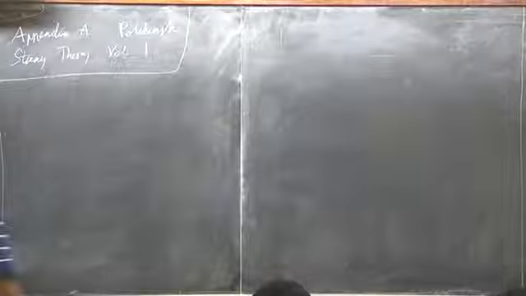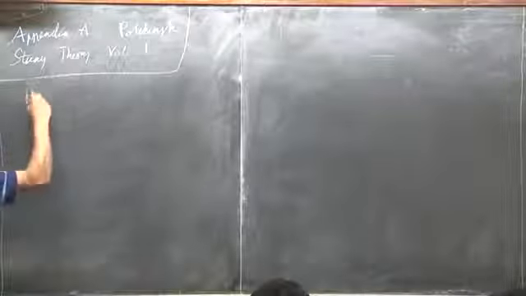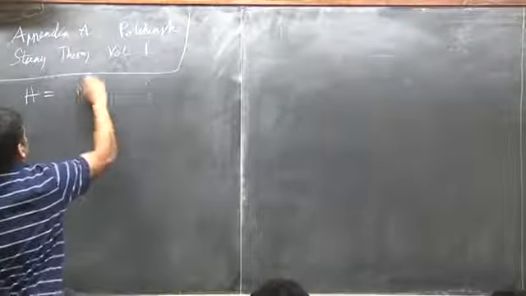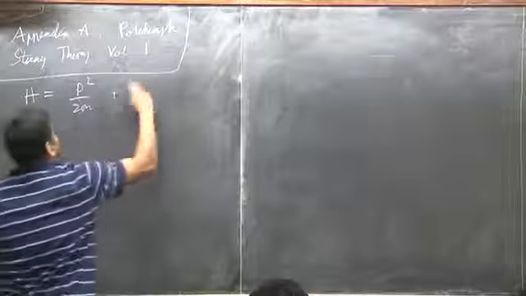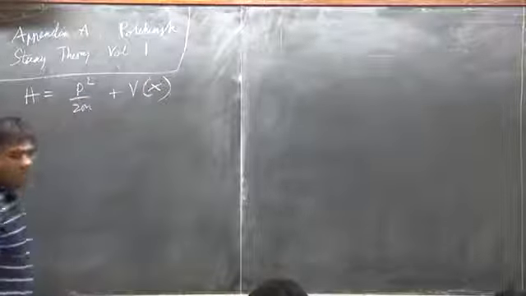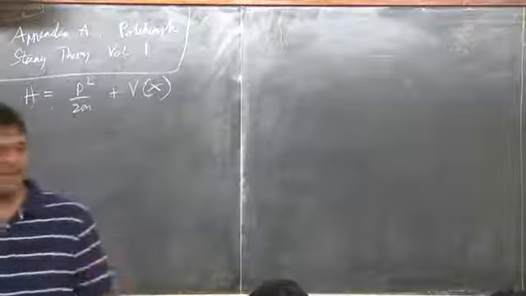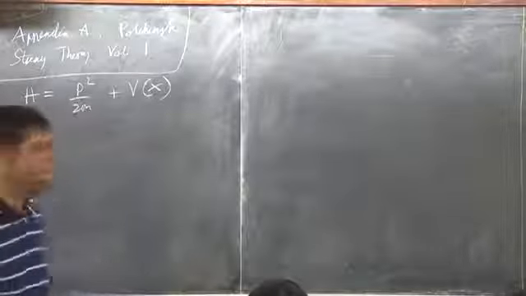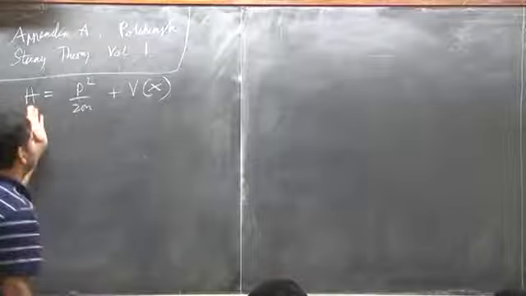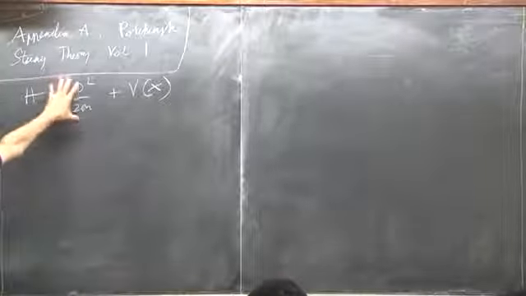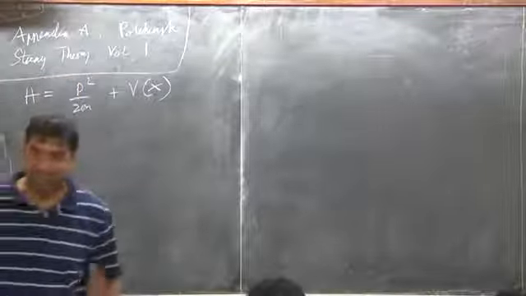Suppose we had a quantum system with a Hamiltonian which was p squared over 2m plus V of x. The canonical first quantum mechanical system anyone studies. It's the quantum mechanics of a particle moving in one dimension with canonical kinetic term and some potential.